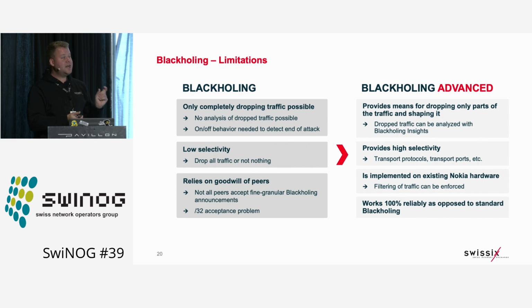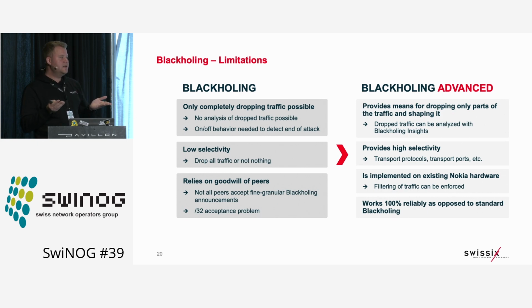It provides very high selectability. So you can blackhole, or have the IX fabric just drop, specific transport protocols or specify certain ports. So basically you can combine layer 3 and layer 4 criteria to be dropped.